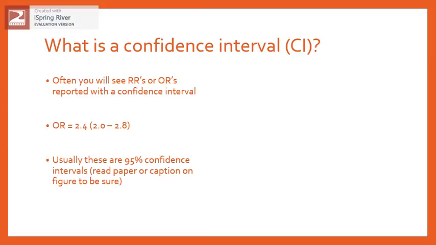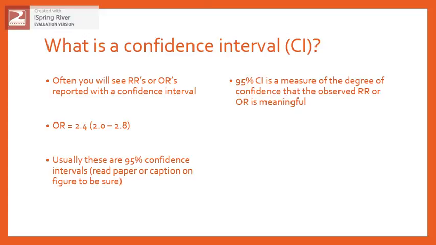Usually you see these in tables and figures in journal articles and research studies, and it will tell you data is presented as odds ratios, parentheses, confidence intervals, or something like that. So just make sure you read the caption on the figure to make sure that it really is a confidence interval. Usually they're 95% confidence intervals. You can do different percentages, but that's the most common.